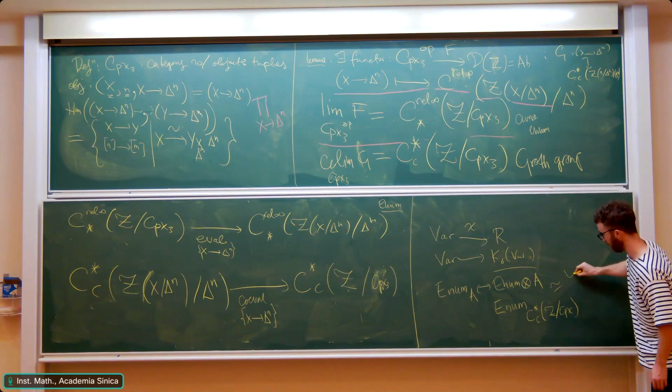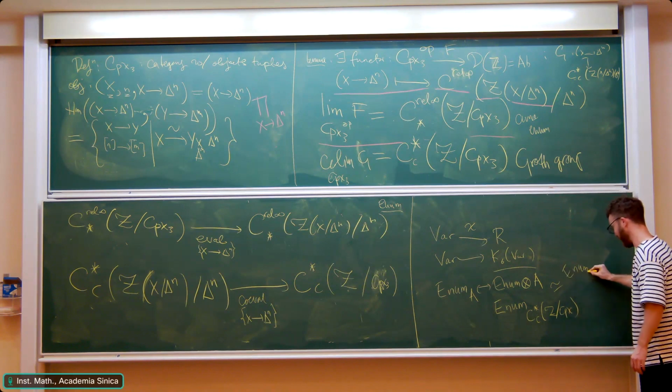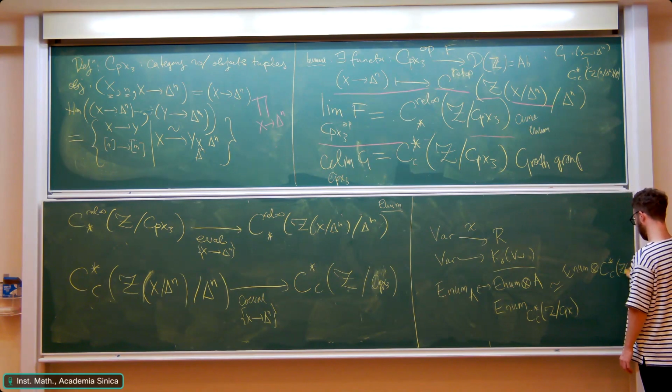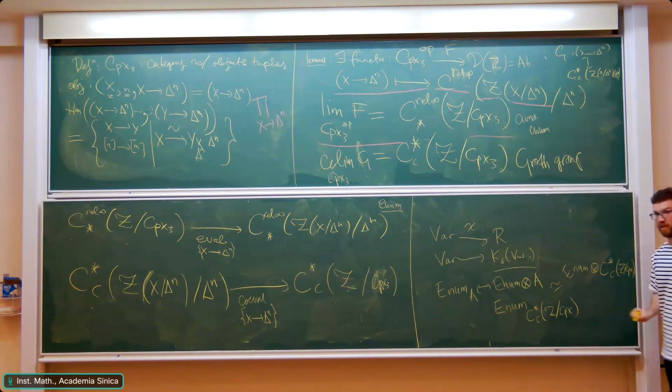By definition, what's the definition to be? A Grothendieck group, and this is the dual. Right, so there you go.